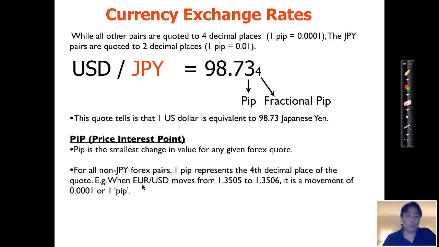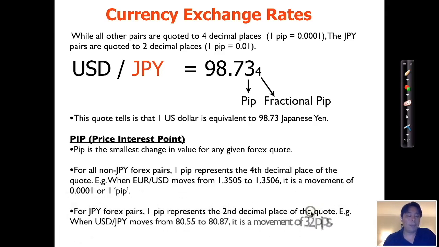So when the Euro USD moves from 1.3505 to 1.3506, it's a movement of 1 pip or 0.0001. For yen Forex pairs, 1 pip represents the 2nd decimal place of the quote. When the dollar yen moves from 80.55 to 80.87, it's a movement of 32 pips. Just reiterating what I just said. I hope you're clear at this point in time.